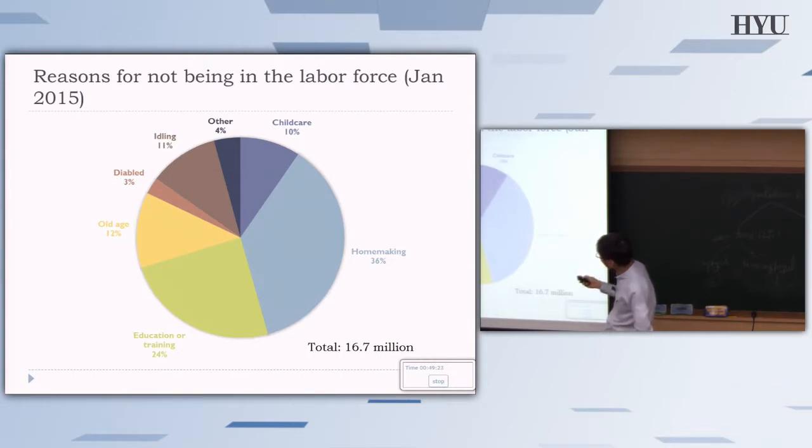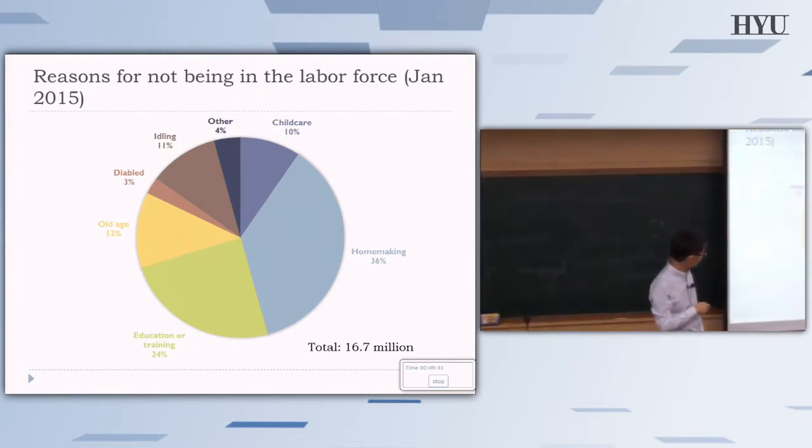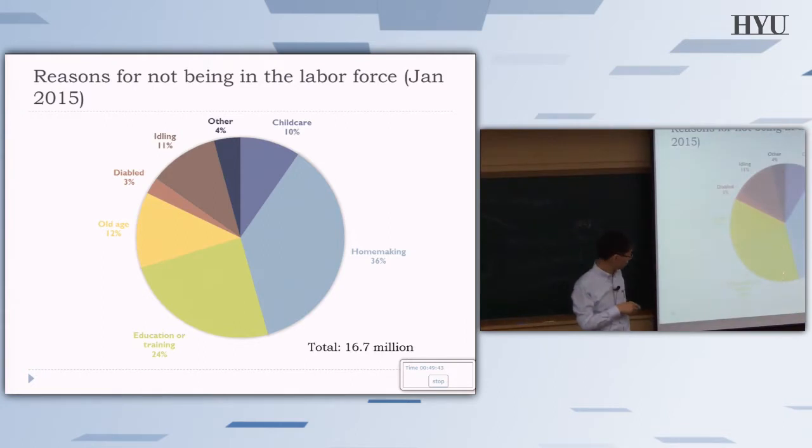The largest group is homemaking, 36%. So about 1/3 of people who are not in the labor force are homemakers. They say, I am a homemaker. The second largest group is students, education or training.